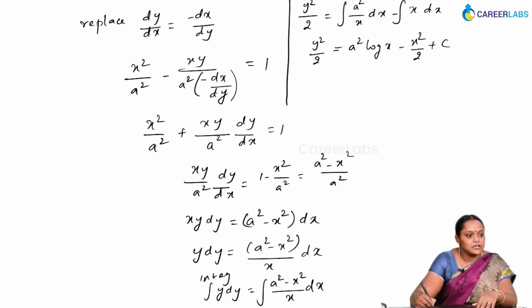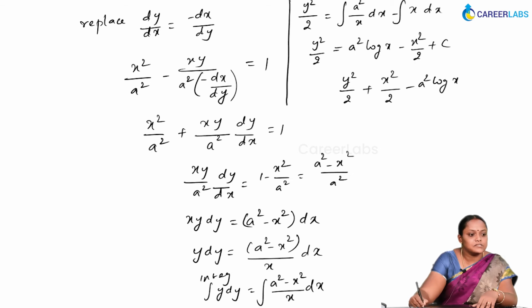So the answer is y square by 2. Let me bring this to this side. So this will be x square by 2 minus a square log x equal to a constant c, or this is nothing but x square plus y square minus 2a square log x is equal to 2 times c.